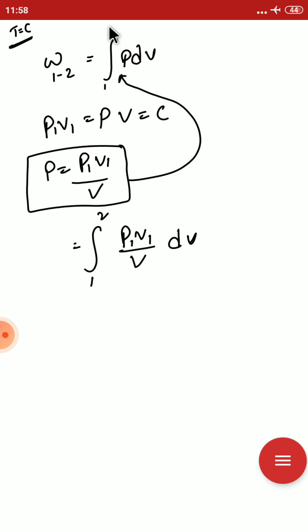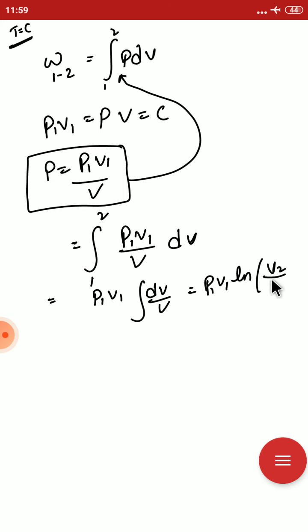P1 V1 comes out, and the integral of dV by V gives P1 V1 ln of V2 by V1. This is the PdV work in a constant temperature process, that is, the isothermal process.